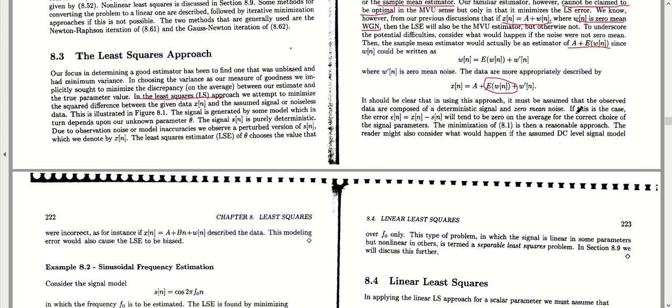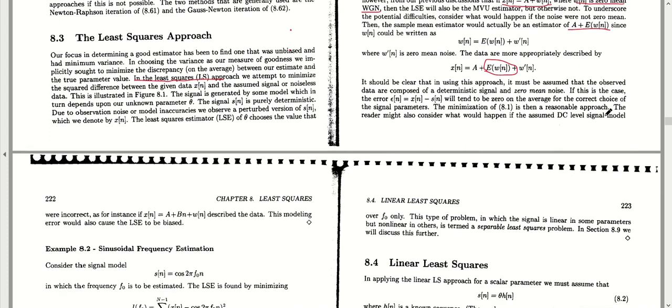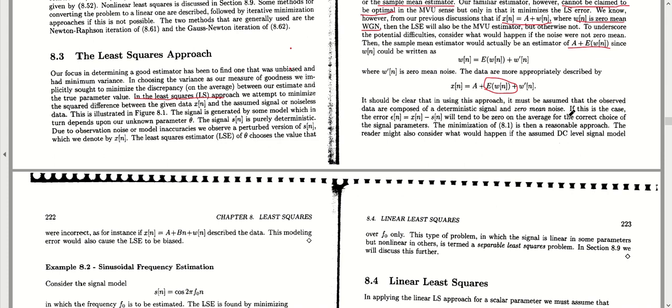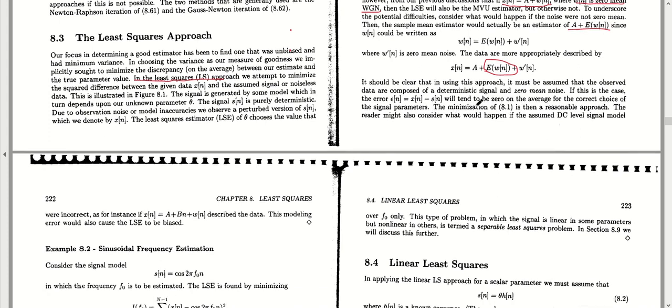That is a possibility. But if not, then we just live with that. If this is the case, the error will tend to be zero on average for the correct choice of signal parameter. The minimization is then a reasonable approach.